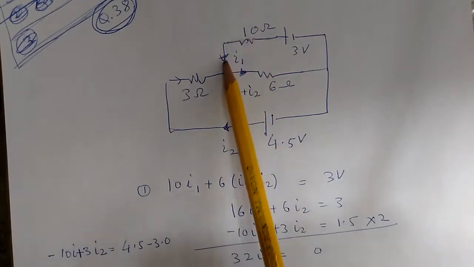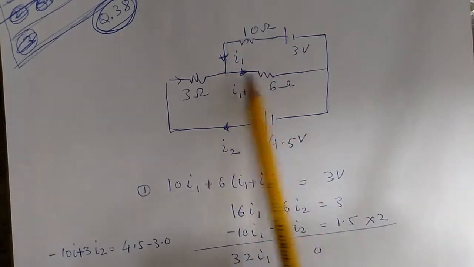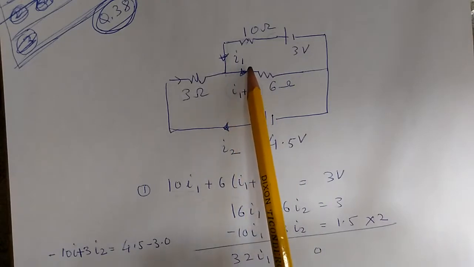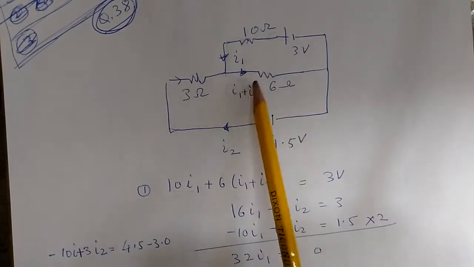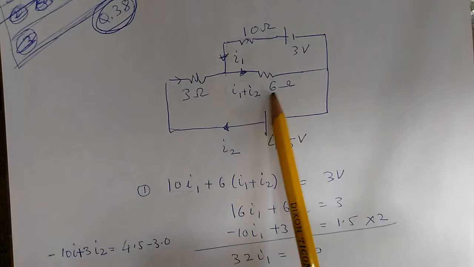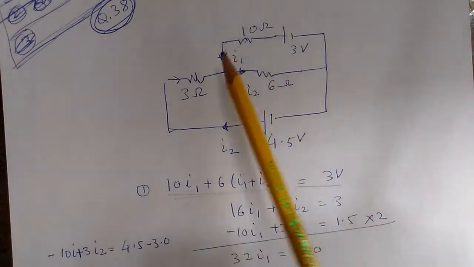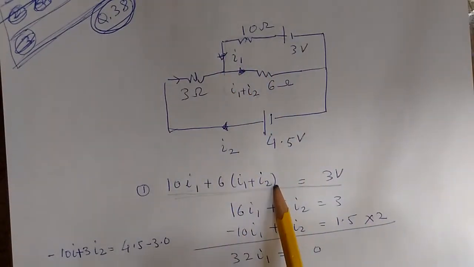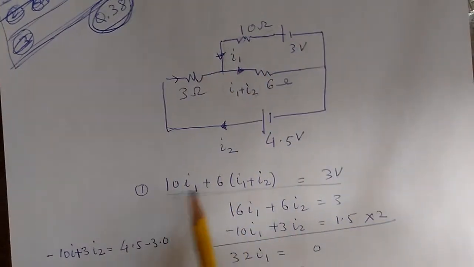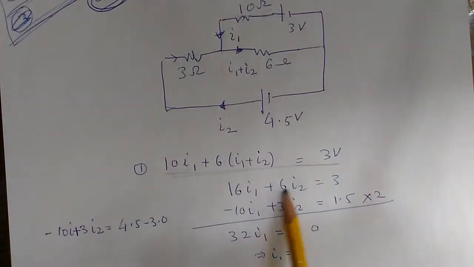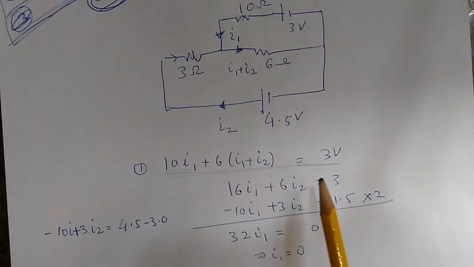And then in this resistor, we see that the current direction is this. So the voltage drop across this 6 ohm resistor is IR, or (I1 plus I2) times 6 ohm. So this is what the equation looks like. Now we need to solve for I1, so we keep I1 separate and I2 separate. We have 10I1 plus 6I1 equals 16I1, plus 6I2, is equal to 3.